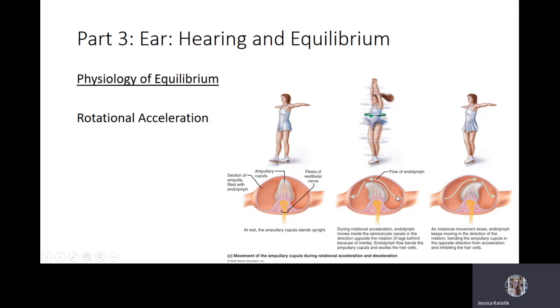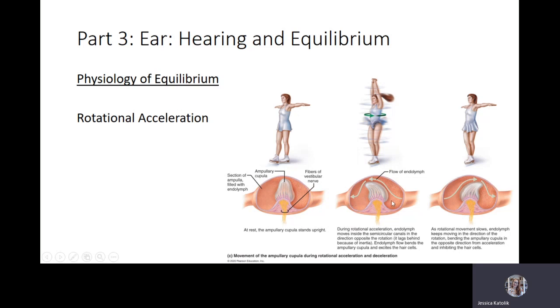However, the endolymph is going to be a little bit slower to start accelerating. And so it will have a high inertia. Instead of following the direction that the skater is spinning, it's actually going to start to flow in the opposite direction, like so.